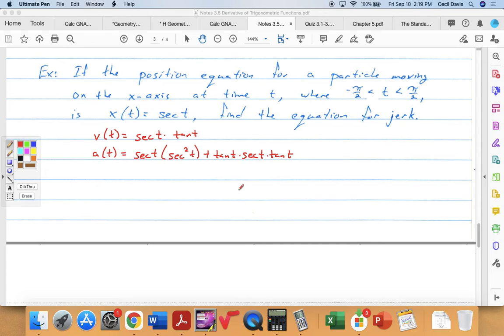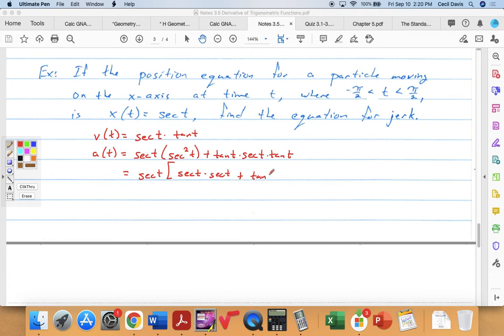And so now I need to take the derivative of that again. Oif. So I'm going to factor out a secant of t. And because I don't know how to deal with a squared where it's not just x squared, I'm going to write that secant squared as secant t times secant t.